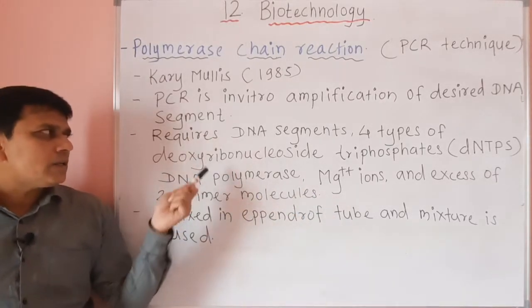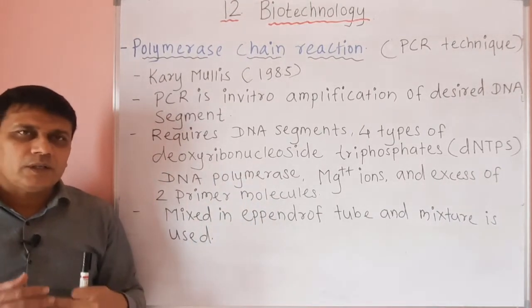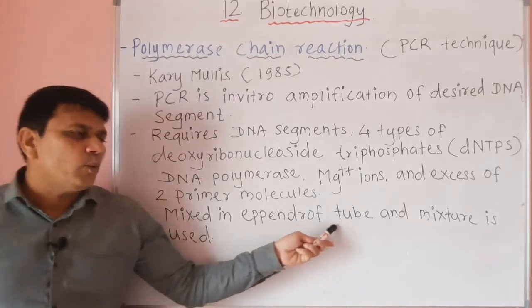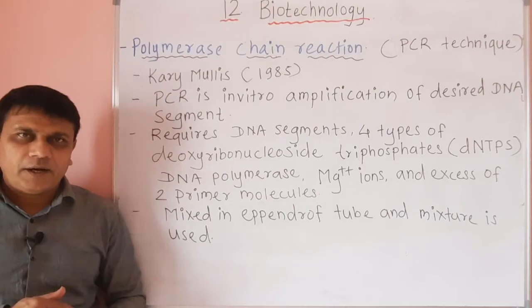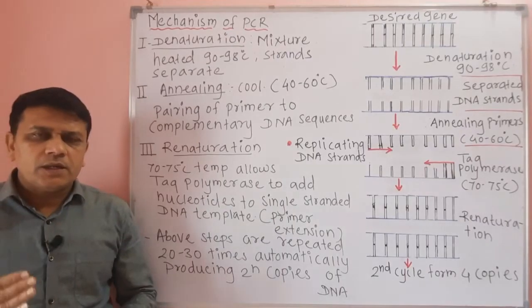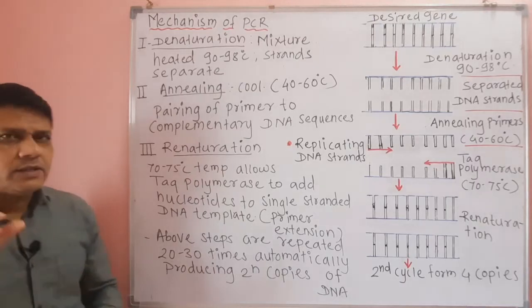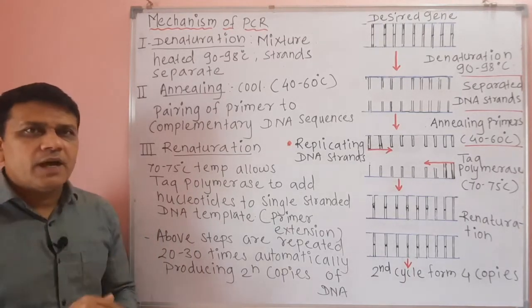Then all these substances are mixed together in an Eppendorf tube, and the mixture is used in PCR technique. Then the mixture which is prepared is placed in the PCR machine and different steps are carried.